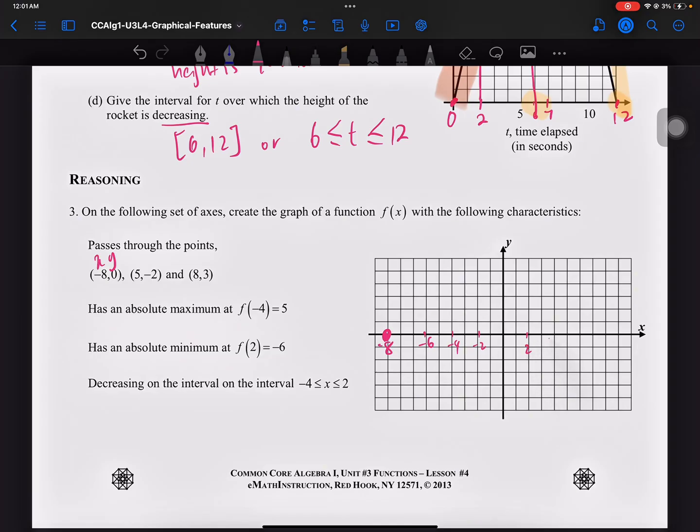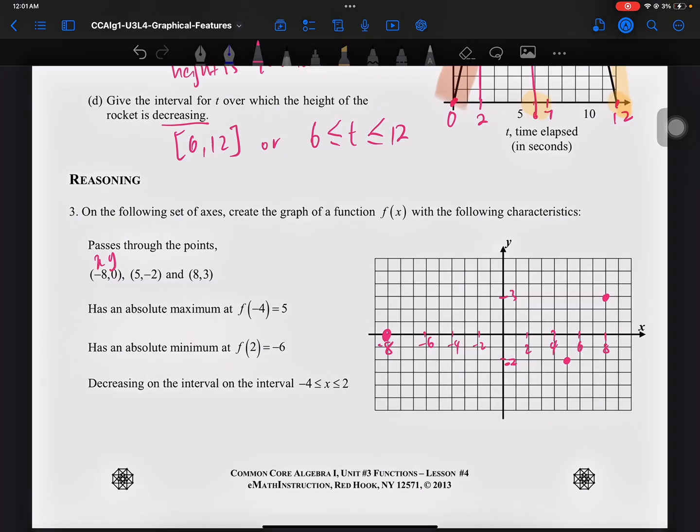So this is 2, 4, 6, so 5 is here, x equals 5, and y equals negative 2 is here. And (8, 3). So this is x equals 8, y equals 3 should be here. So I already have my 3 points.